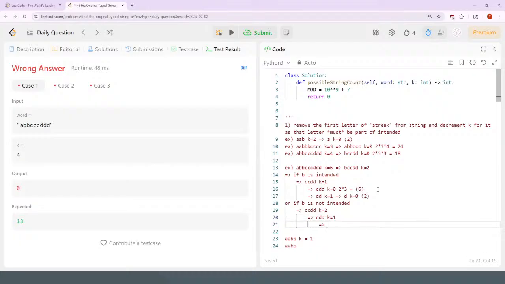And that could go to DD, k equals 0, in which case there's 3 ways of doing that, or it could go to DD, k equals 1, where that other C is not intended. This ends up being the same thing here, 2 ways.